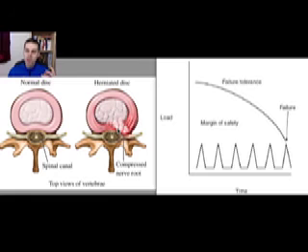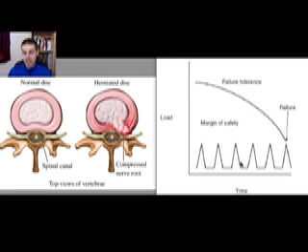So what we are looking to do is minimize the amount of repetitive bending by maintaining what is known as a neutral posture of the lumbar part of the spine. This will help distribute the pressure evenly, which is what we talked about in the first video. So number 1 is repetitive bending.